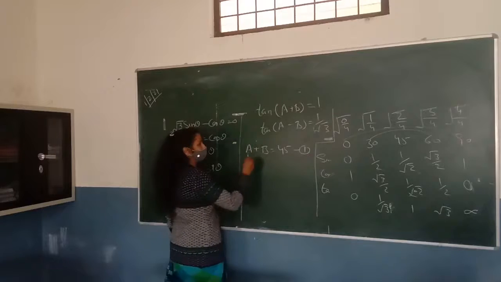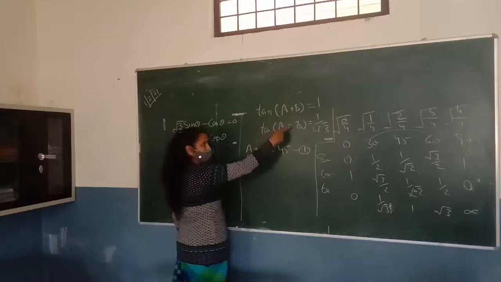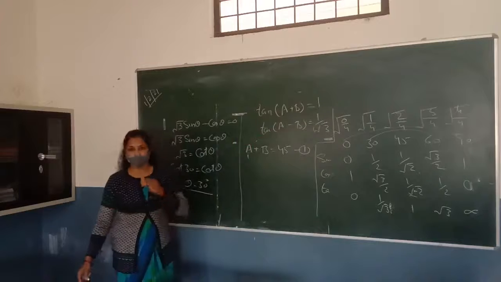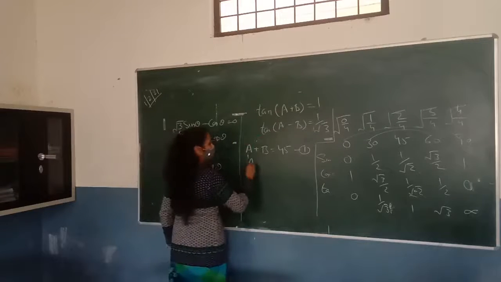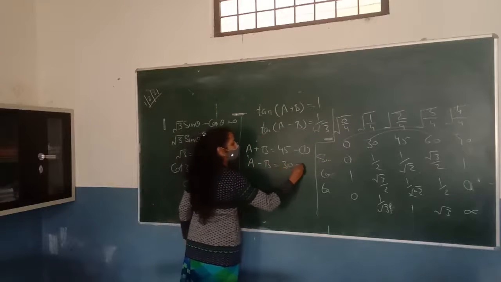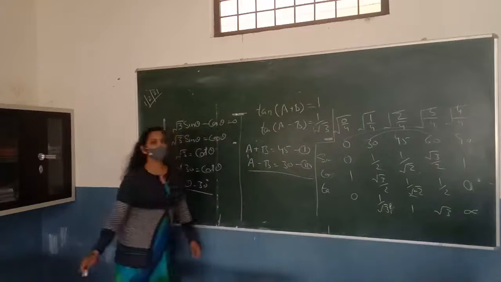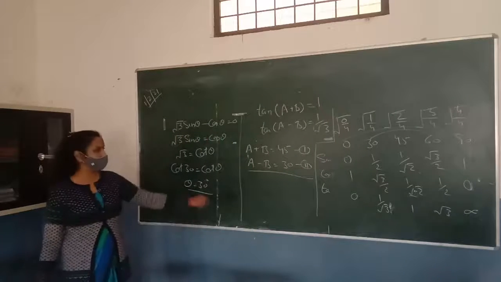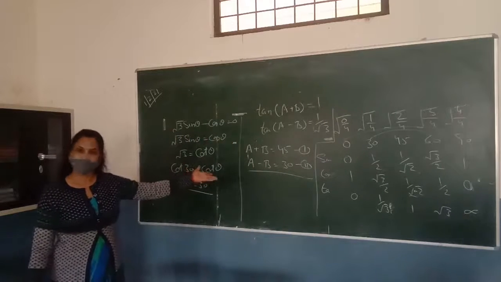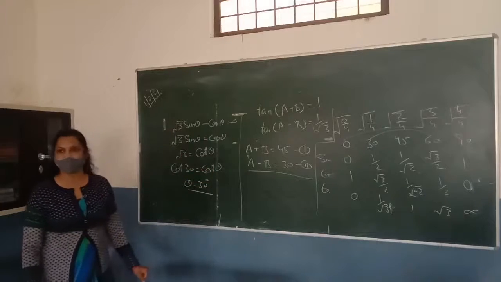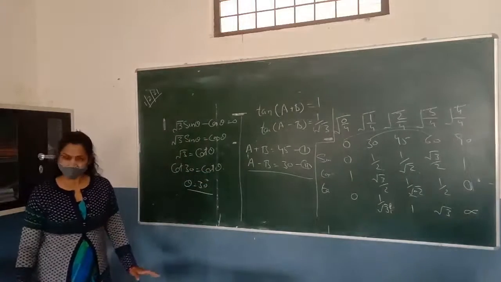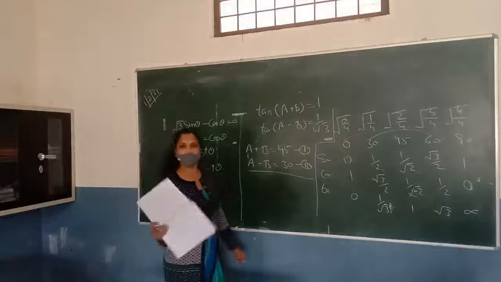And tan (A minus B) is equal to tan 30, so A minus B is equal to 30, equation 2. Now you can use the elimination method, add and subtract, so that you can find the values of A and B. Clear? Any doubt?